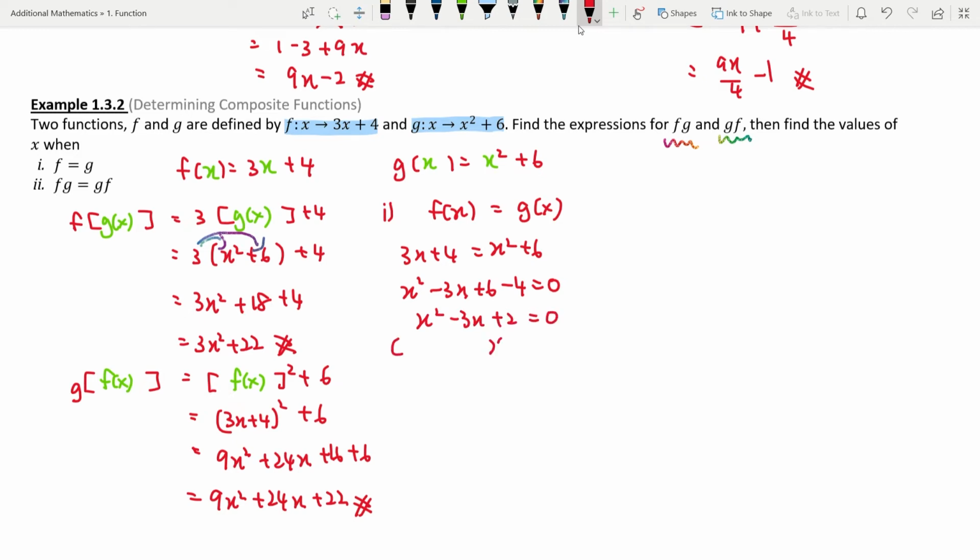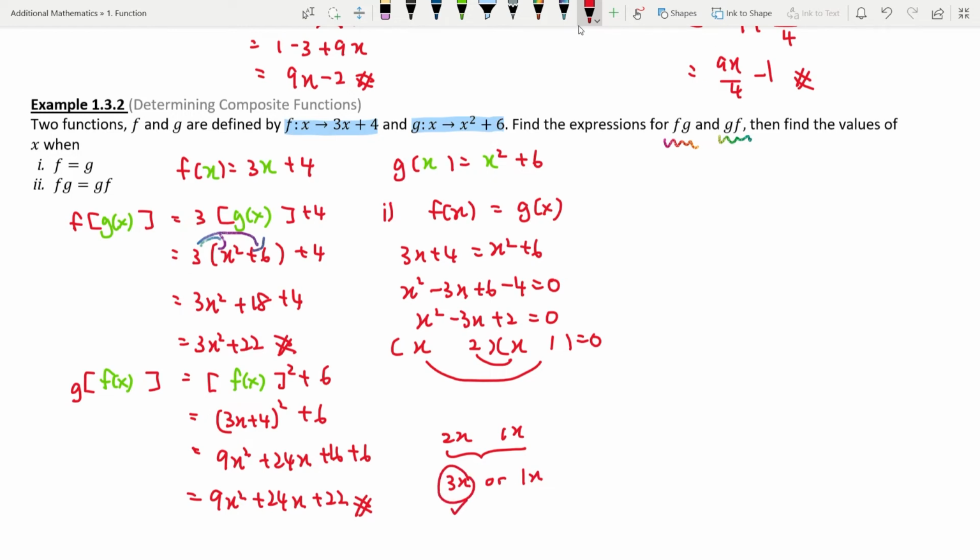Then we factorize it. x squared is separated into x and x. 2 is separated into 2 and 1. Here we have 2x. Here we have 1x. 2x and 1x, we are able to get 3x or 1x. We need to get a negative 3x.